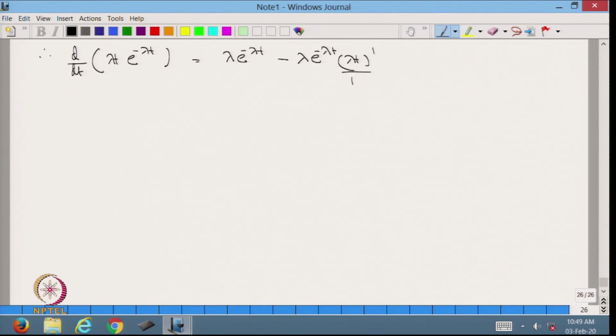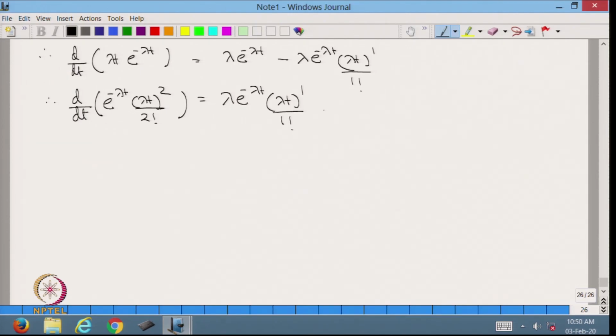Therefore, d/dt of e^(-λt)(λt)^2/2! is equal to λe^(-λt)(λt)^1/1! minus λe^(-λt)(λt)^2/2!.